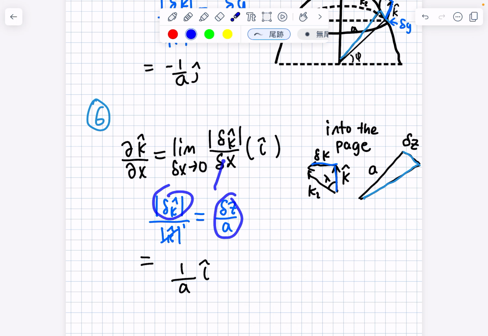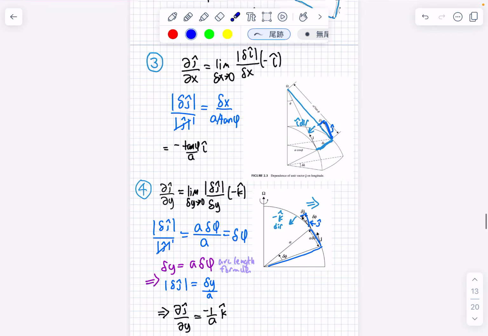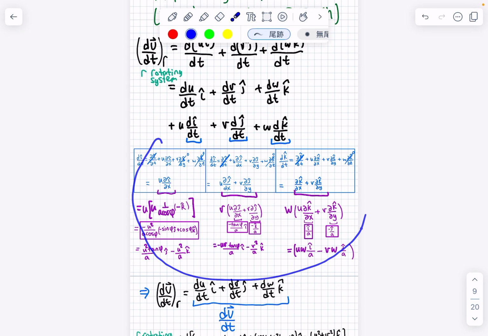Plug this into here, and we'll get 1 over a I hat. So that shows geometrically how we're thinking about this very important aspect of the derivation, the main part here.